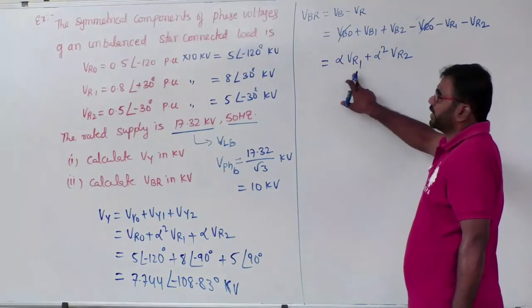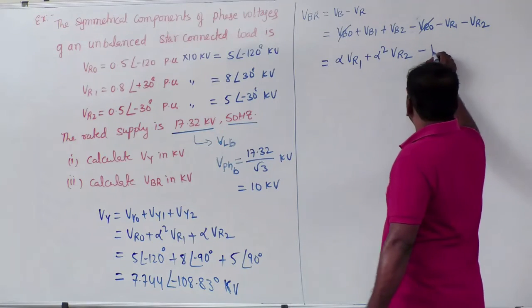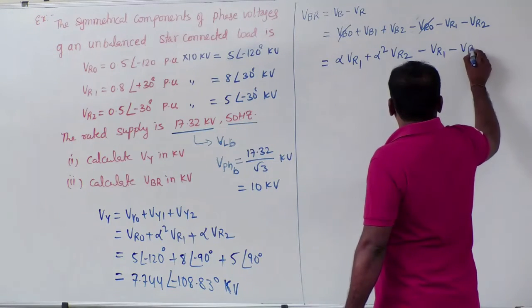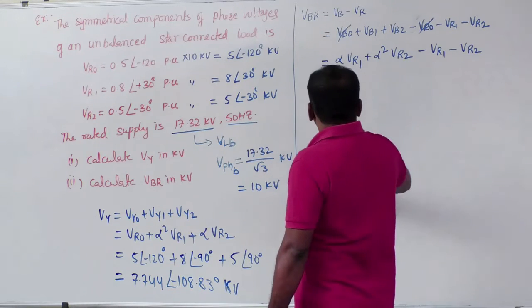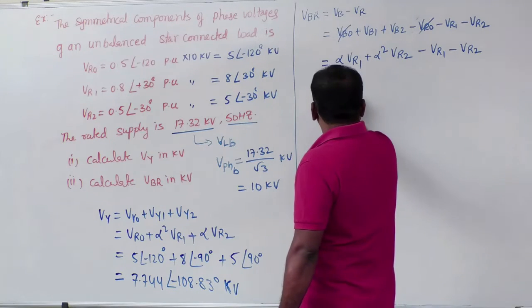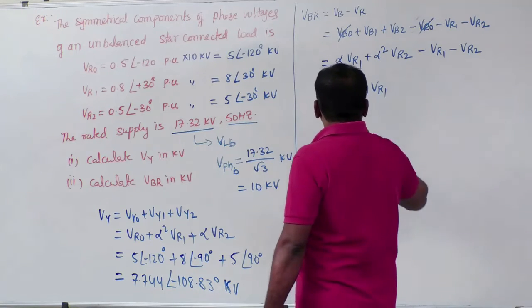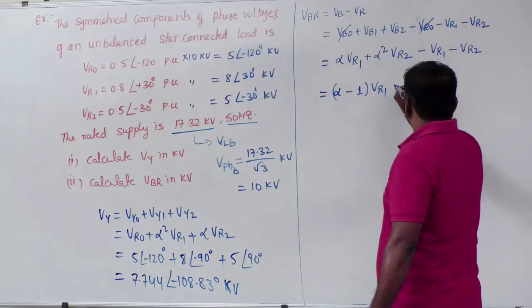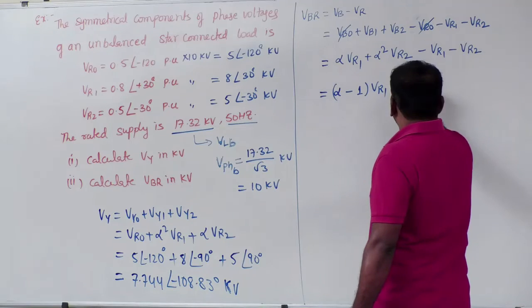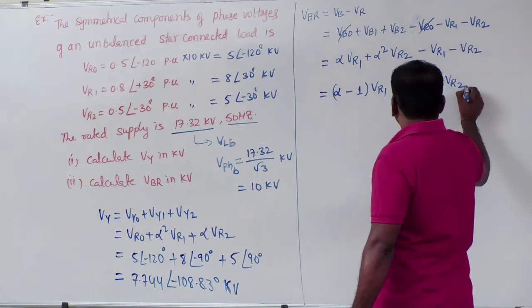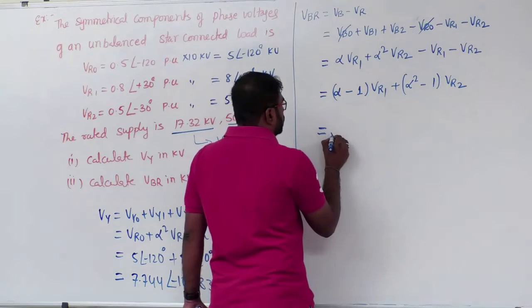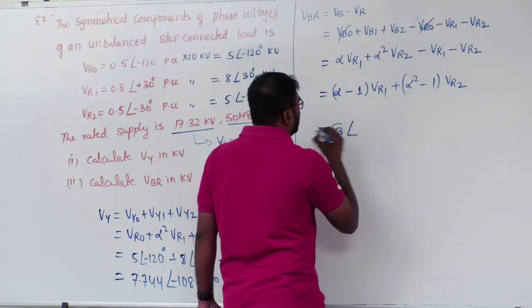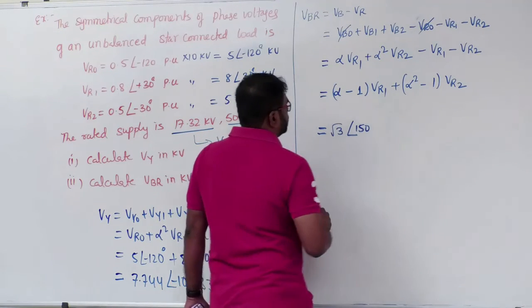So Vb1 is alpha times Vr1 minus simply Vr1, and likewise for Vr2. Let's check here. If I take Vr1 common, we get alpha minus 1 times Vr1, and if I take VR2 common, plus alpha square minus 1 times VR2. Now what is alpha minus 1? Alpha minus 1 is root 3 at an angle plus 150 degrees.